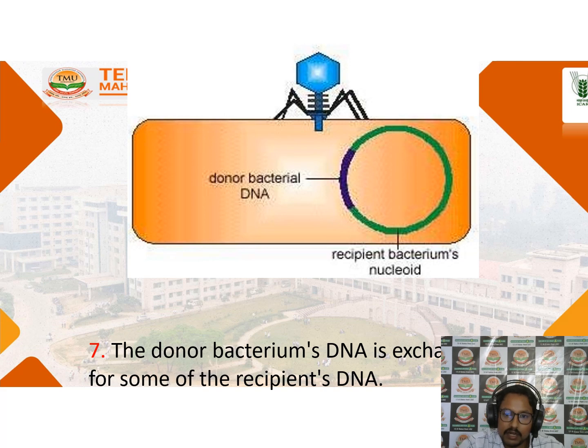Here you can see the violet portion integrating into the recipient bacterium. So in this way, the bacterial DNA is exchanged from the donor bacterium to the recipient bacterium, where genetic transduction occurred, and genetic recombination occurred in this process.